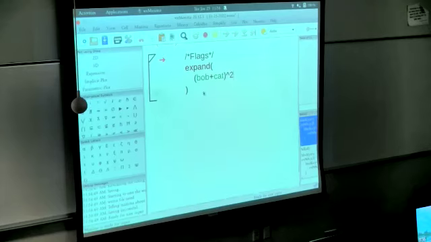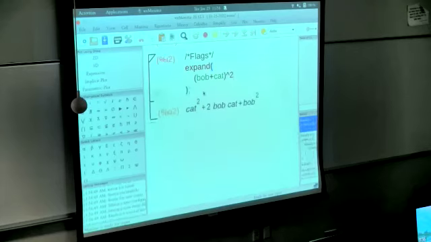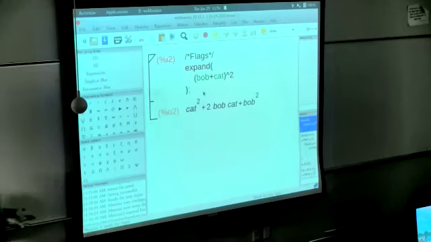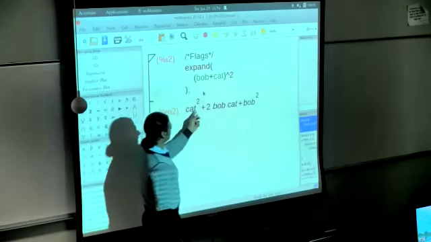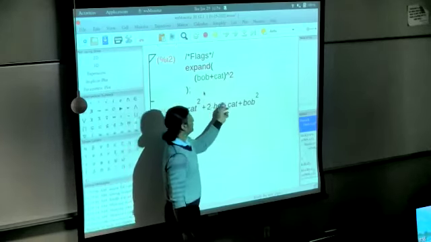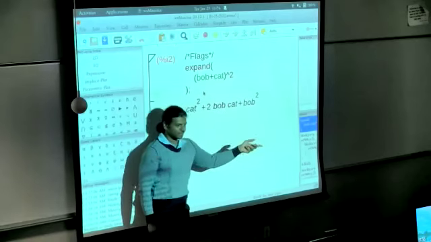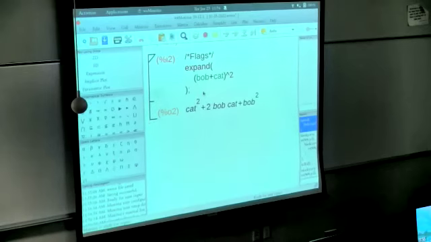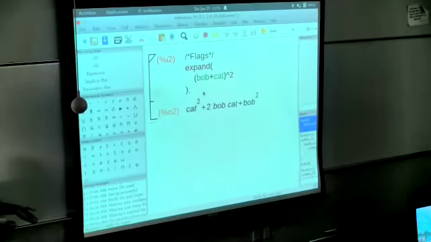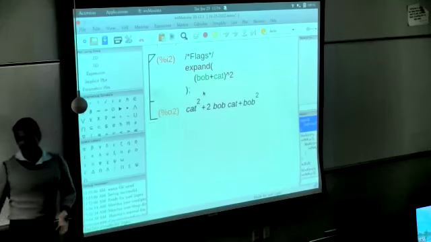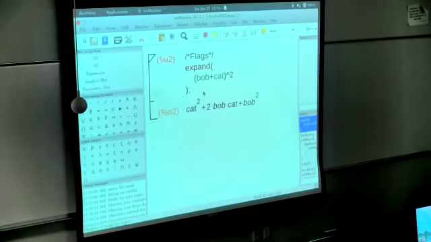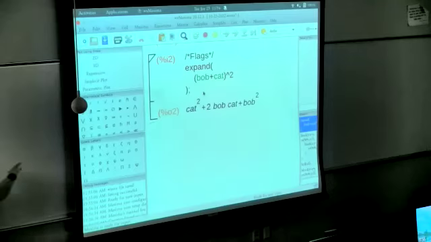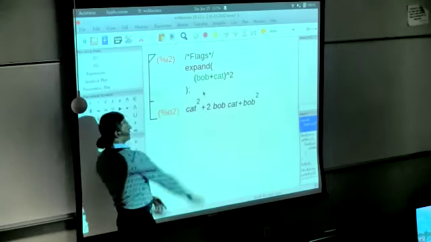Now, enter, and I get b squared plus 2ab plus a squared, right? So if you did (a plus b) whole squared, this is simply a squared plus 2ab plus b squared. And you can see that it starts with the letter b and goes towards a.